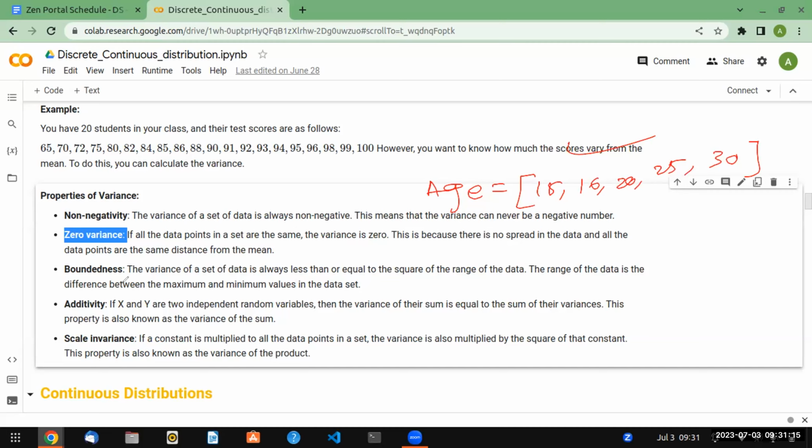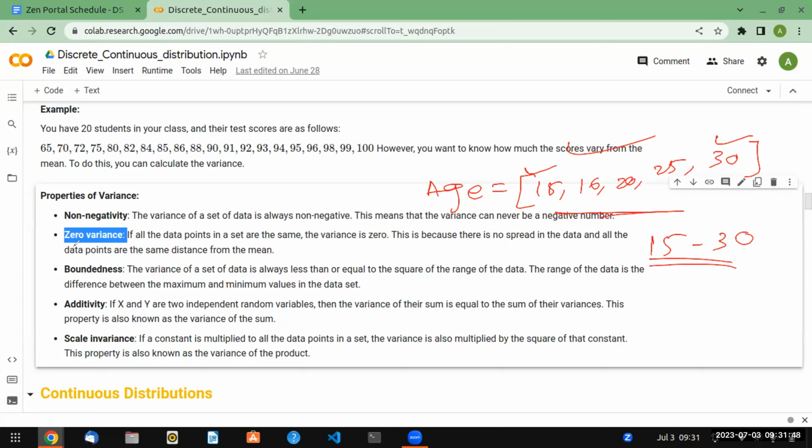Ages can be between 15 and 30, but not greater than 30 or less than 15. That means it will always be between the maximum and minimum value, the range of the data. This also makes sense, right? Because you are doing the square from the starting to the end point.